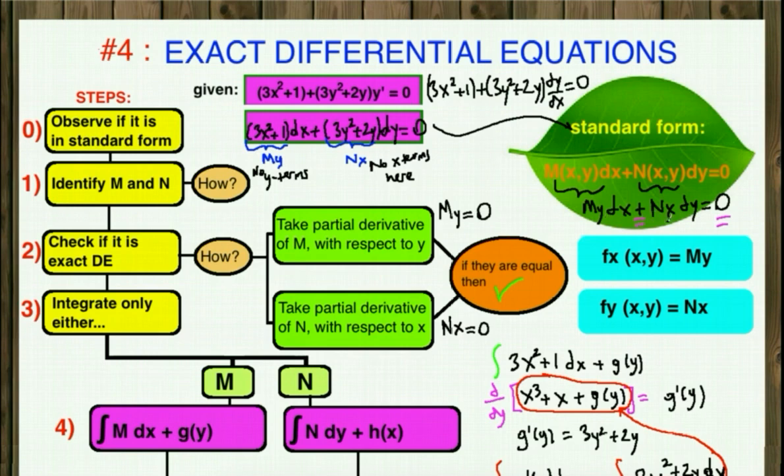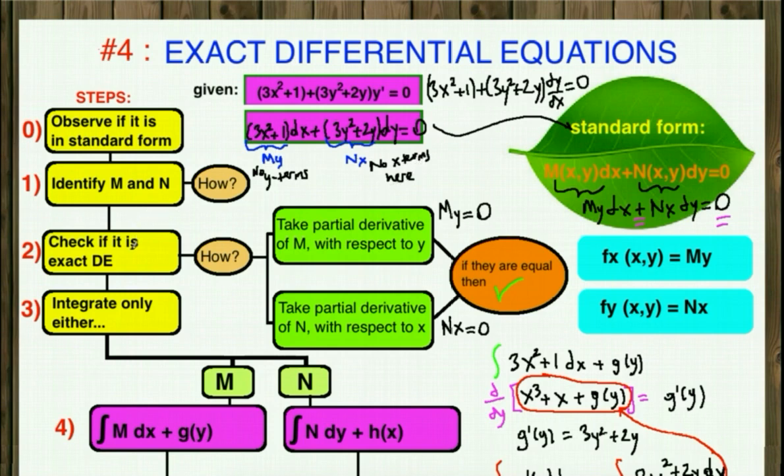And in some sources or in your school books, you might see M and N as well. As the second step, you need to identify the m and n parts of your given equation. At the m part, you don't have y terms. At the n part, you don't have x terms.